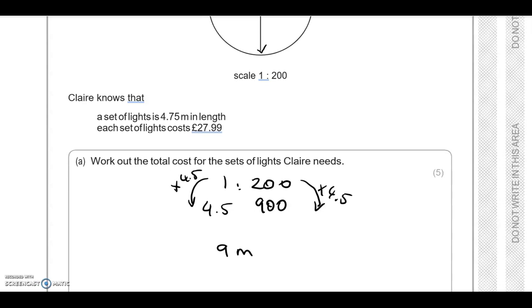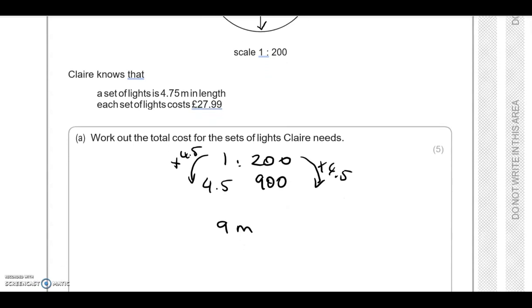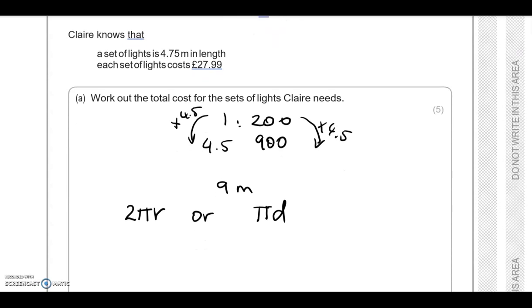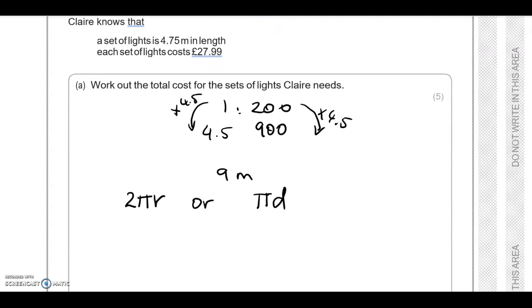So that's the diameter. We've got to work out the circumference of the circle. We know that the circumference is 2 pi r, or pi lots of the diameter. So the diameter we know is equal to 9 meters, and we know that pi is 3.142, or we could just use the pi function in the scientific calculator.